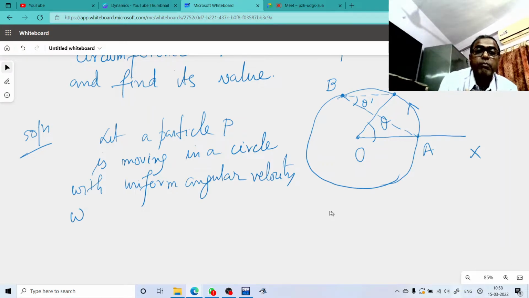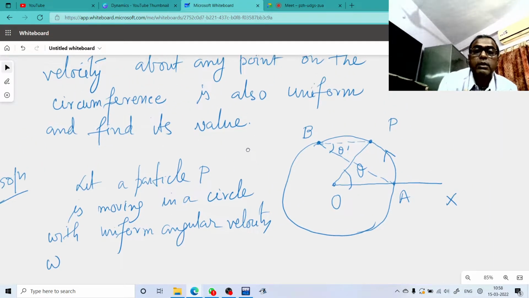It is given. So here the particle P is moving in this way on the circle with center at O with angular velocity omega. This is the angular velocity omega.